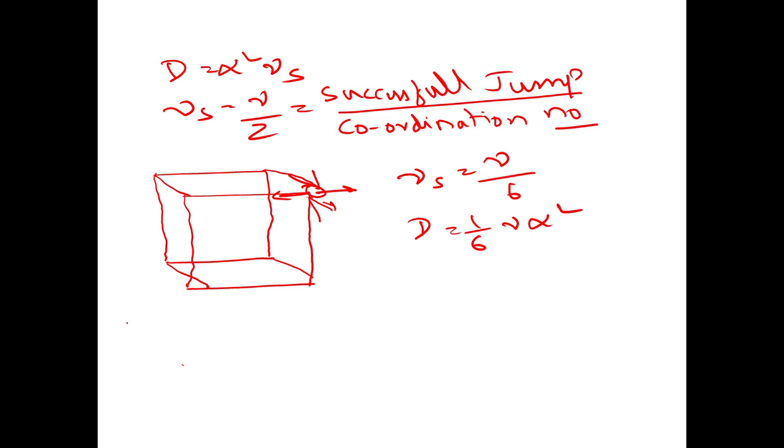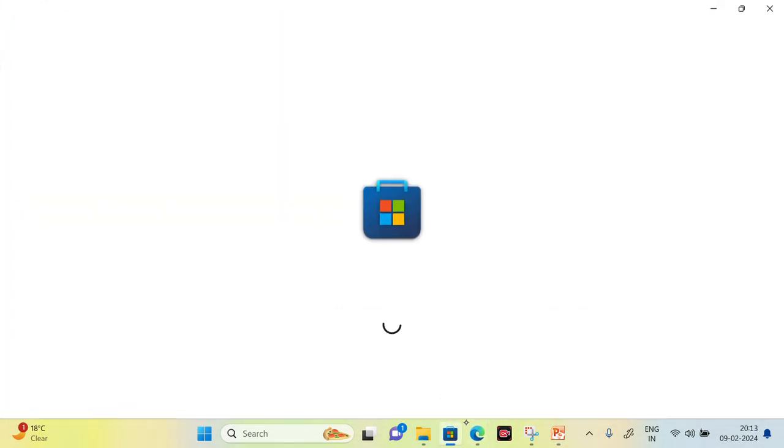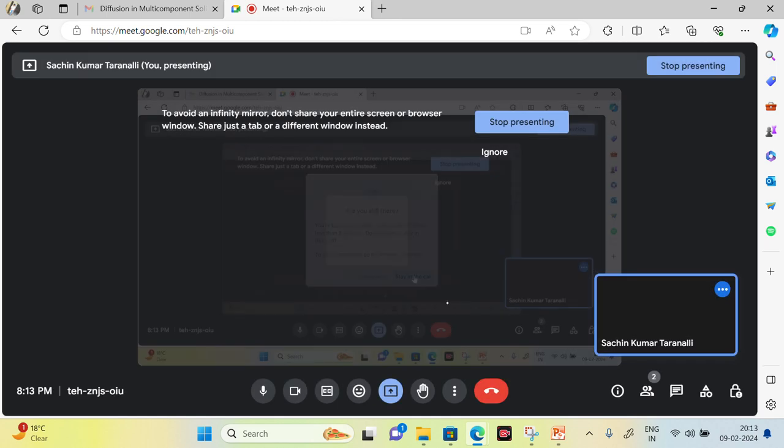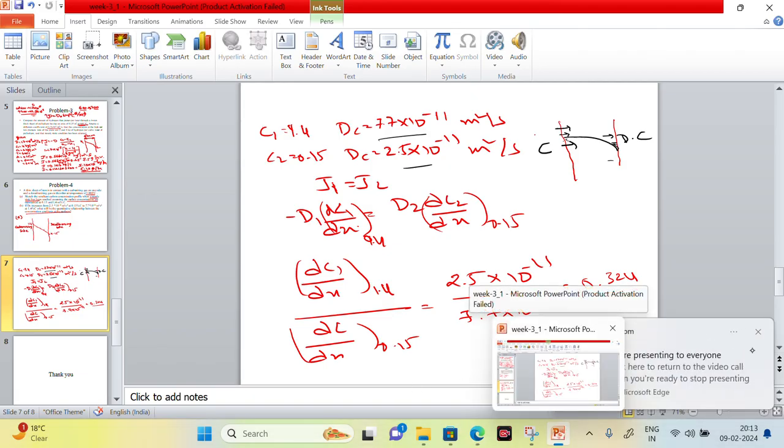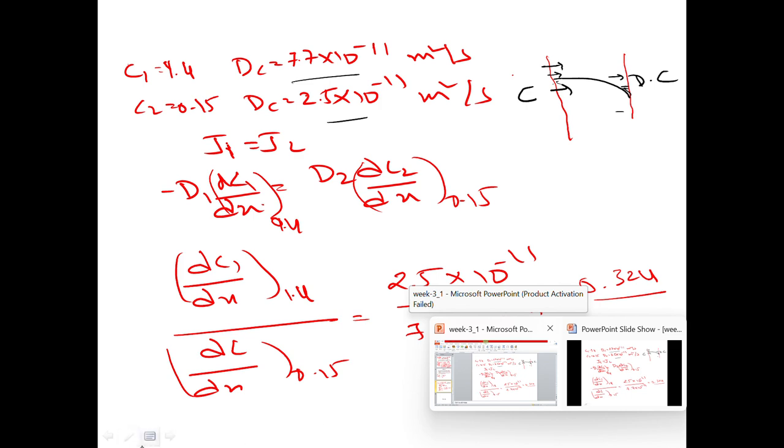So if gamma plus is not equal to gamma minus, then a term called drift comes into existence, related to gamma plus minus gamma minus, C into v.